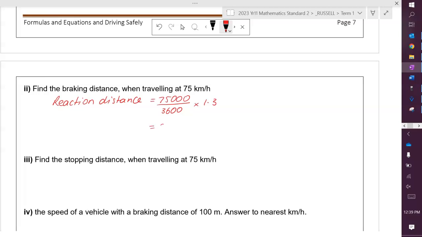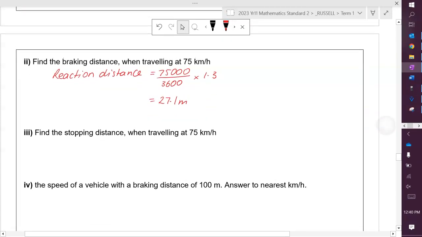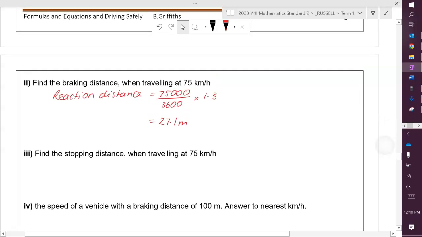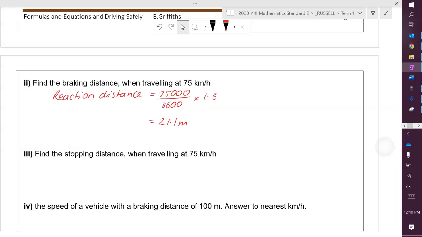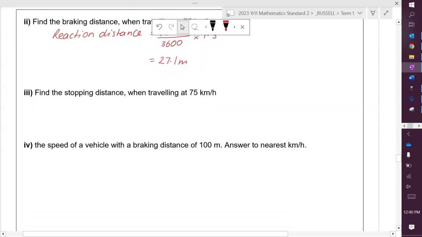If we work this out, we get 27.1 metres. That's how the reaction distance changes if he sped up. If we were going 60 kilometres per hour, it is only 21.7, whereas now it is 27.1. So we've added an extra 6 metres just by increasing our speed by 15 kilometres per hour.